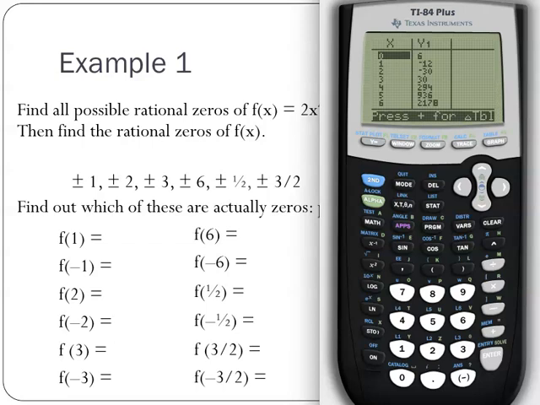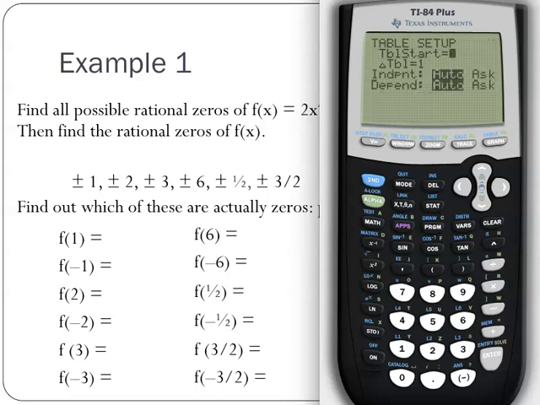So what we're going to need to do is we are going to need to set up the table so it does not automatically fill in the x values. We're going to go to table set, so that's second window. And then if you see down here, we have independent and dependent.